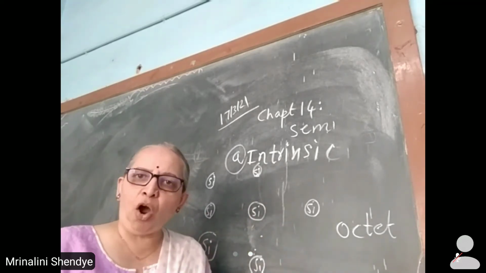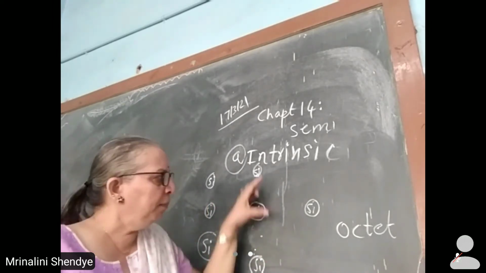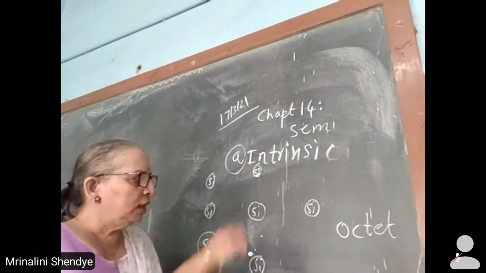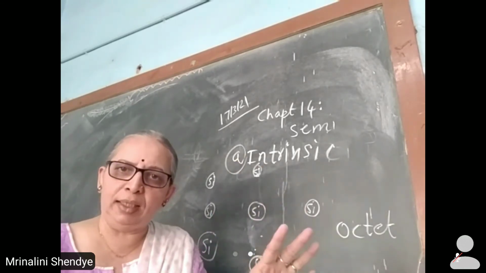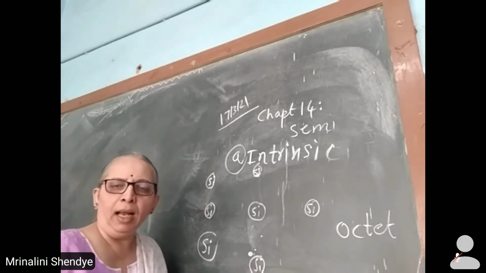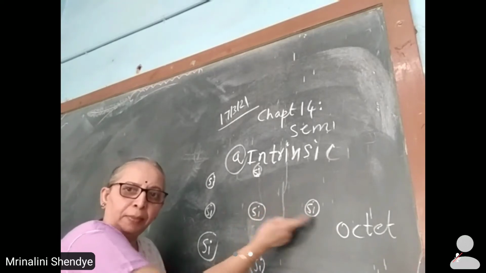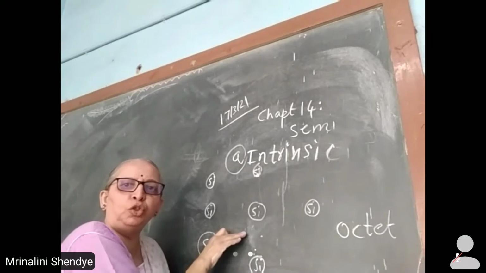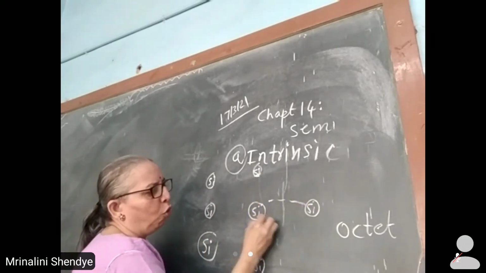Octet means the last valence orbit they try to fill completely with sharing of electrons with each other. When sharing occurs, we get formation of covalent bonds between any pair of silicon atoms. So silicon shares its own 4 valence electrons with 4 neighboring atoms, and takes 1 electron each from its neighboring atoms, with the formation of covalent bonds.